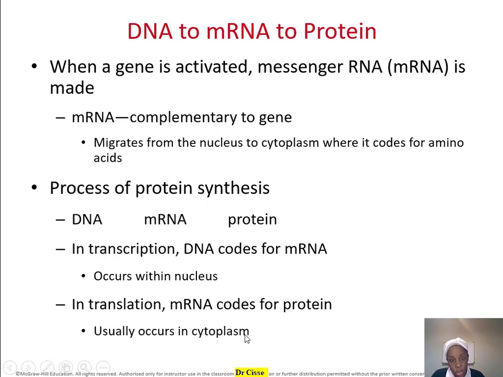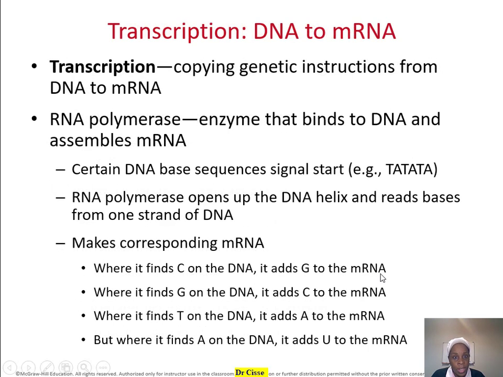But in translation, which happens in the cytoplasm, from that same mRNA, we make proteins. So in translation, the mRNA codes for protein. It happens in the cytoplasm. So what is transcription? The beginning, DNA to mRNA.